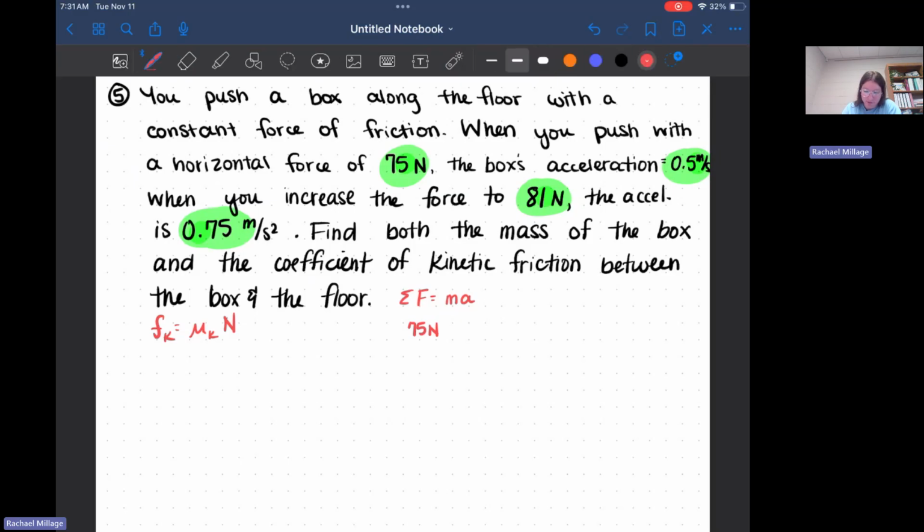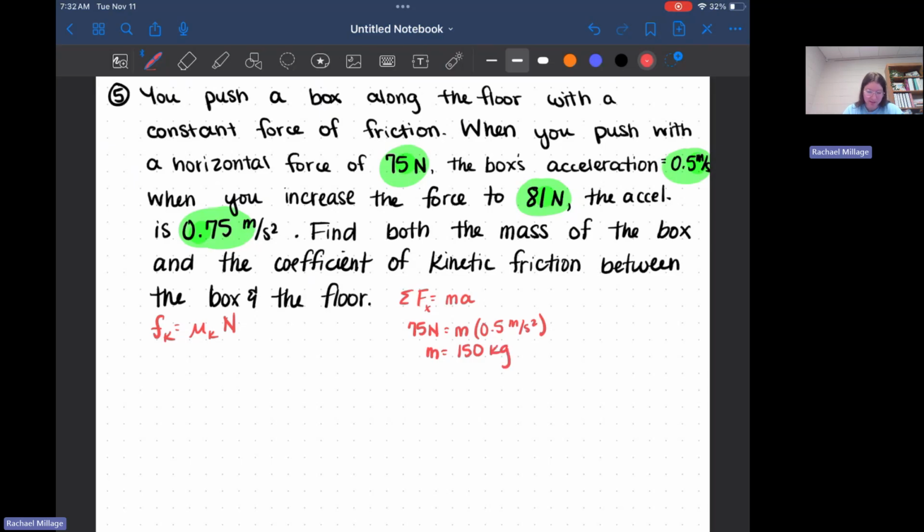So this would be sum of forces in the x direction equals mass times 0.5 meters per second squared. So my mass is 150 kilograms.